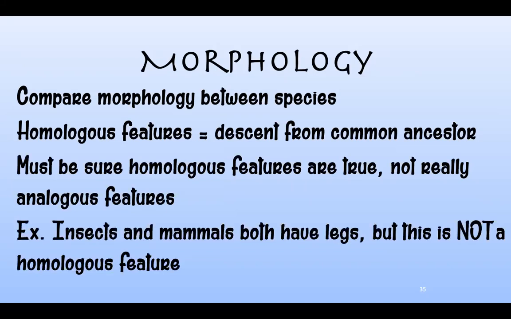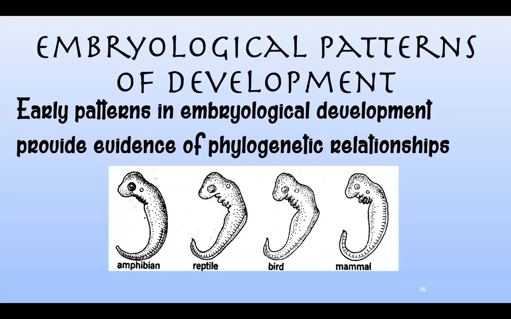So, for example, insects and mammals both have legs, but that's not a homologous feature. Just like the wings of an insect and the wings of a bird, those are analogous. Even though they look similar in structure and have the same function, they do not have the same genetic origin. So analogous features are not an indication of ancestry, but homologous features are.